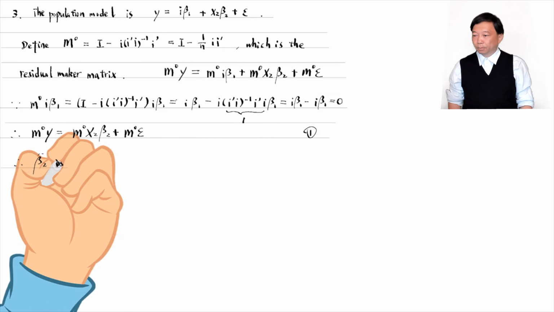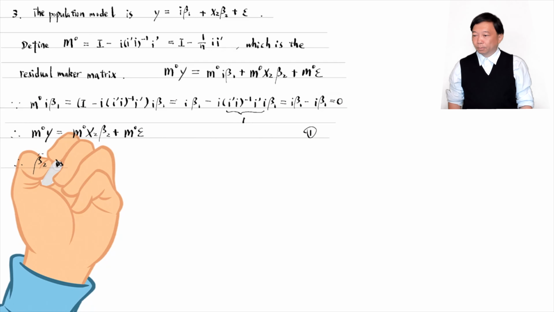Next, we show the second version of the Frisch-Waugh-Lovell theorem. That is, we can get the same result if we only transform x. We write the expression of beta 2 hat with the transformed y and transformed x.